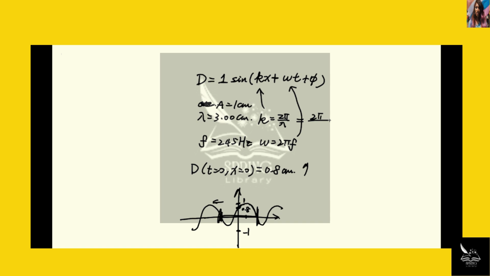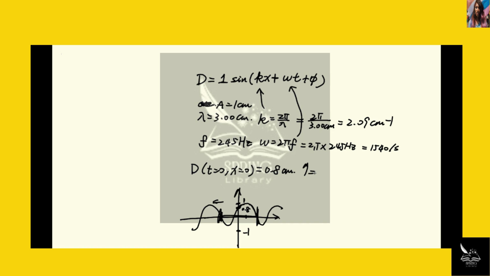2 pi over 3 centimeter equals 2.09 per centimeter. 2 pi times 245 hertz is 1540 per second. And the last one is that this equals 0.8 centimeter.